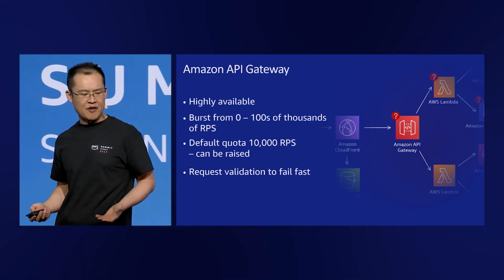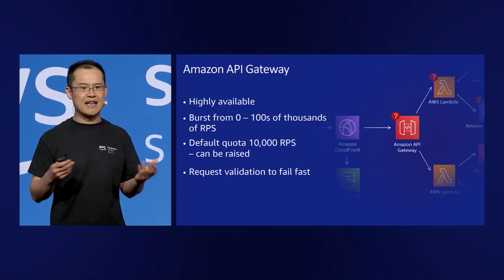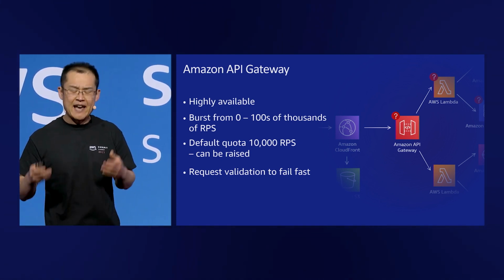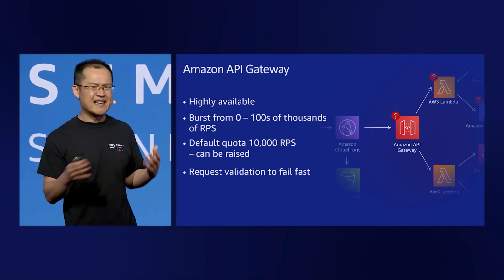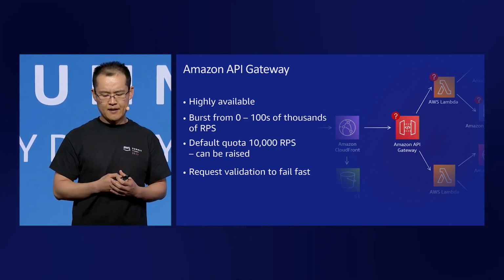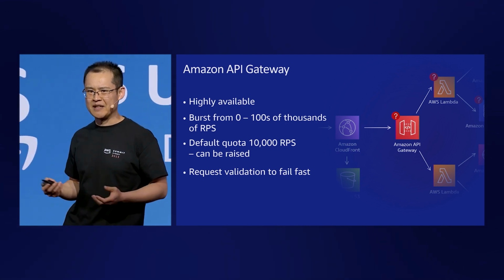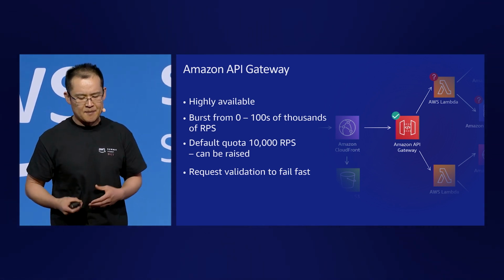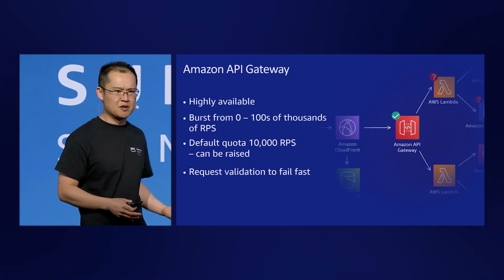The default quota for API Gateway is 10,000 requests per second in an AWS account in a region. If it ever becomes a bottleneck to scale your application, you can easily contact AWS support and request a quota increase. Practically, API Gateway is not likely to be the bottleneck in your system. The bottleneck is more likely to be in the downstream systems like compute or database.